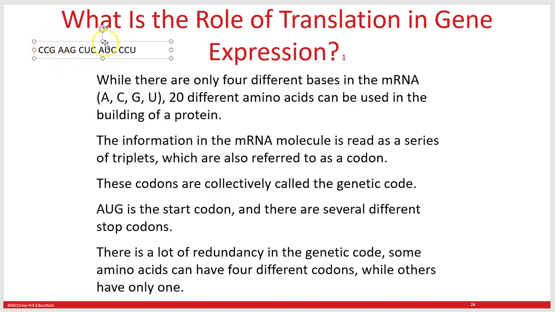These are like words. And this is a codon. So this is one codon here. And this codon corresponds to one of the 20 amino acids.